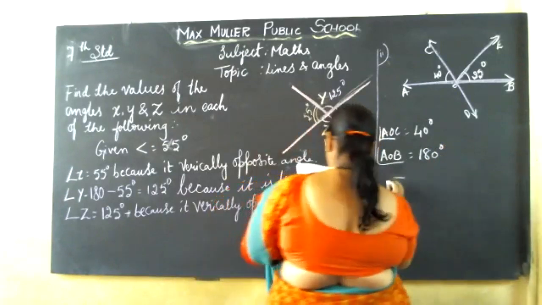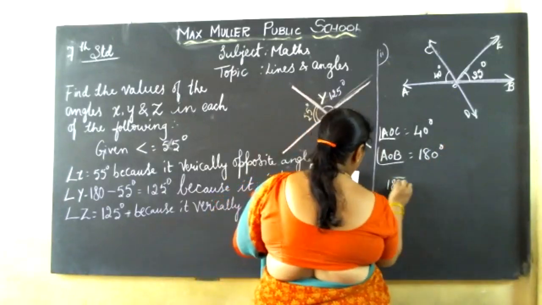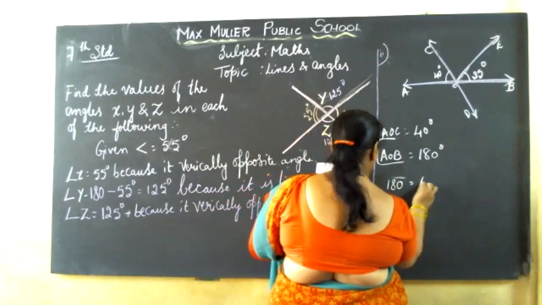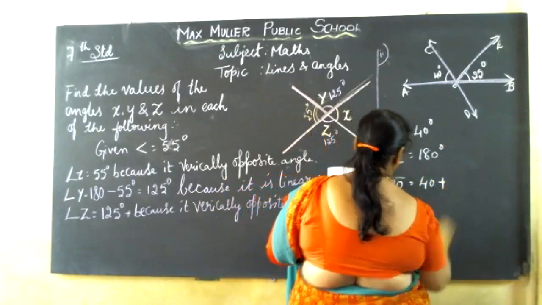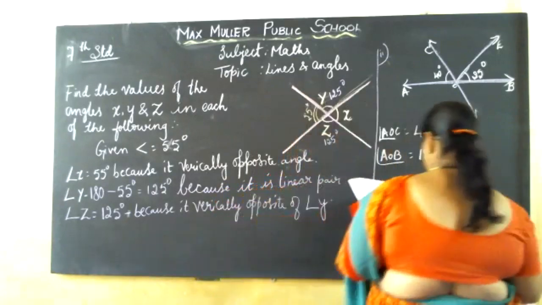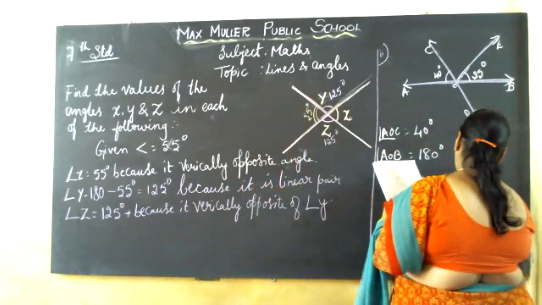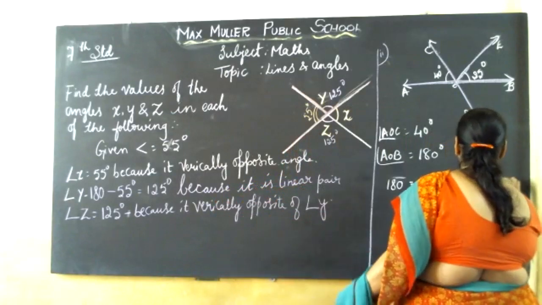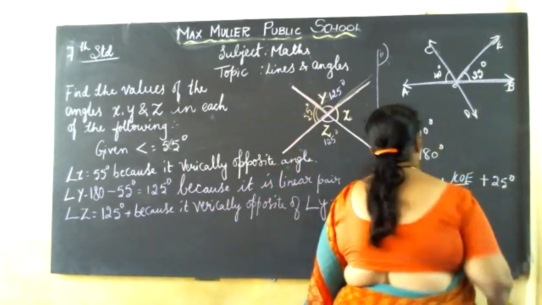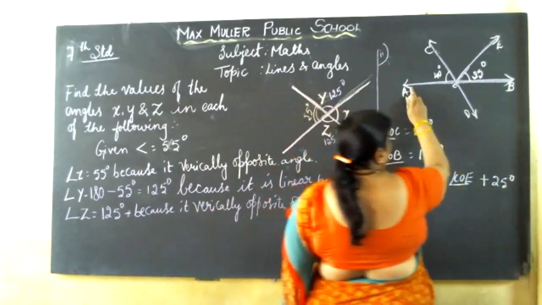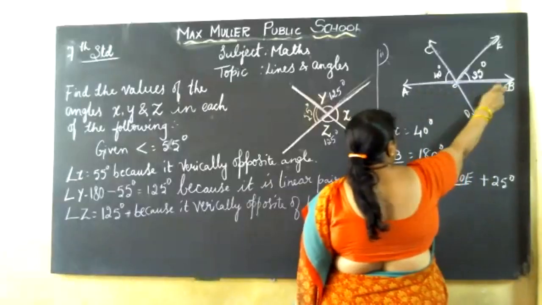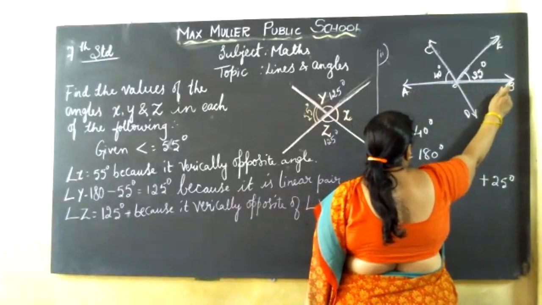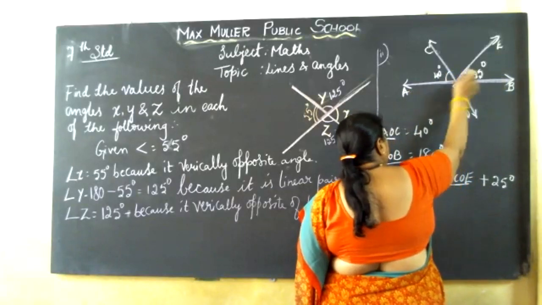So, 180 is equal to 40 plus COE plus 25. See, this is 180 degree. I am saying you, this is 180 degree. In this, they have given two angles.